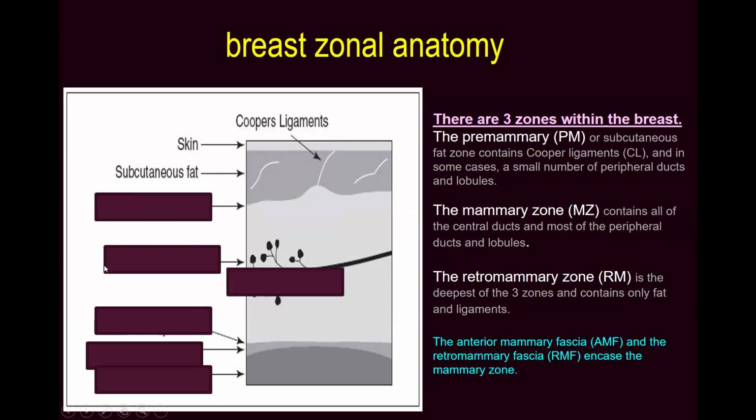And it contains the Cooper ligaments. These are the Cooper ligaments. What do these lines represent? So here, this line, this and this one represent what?